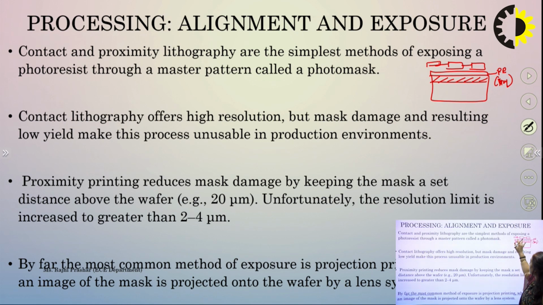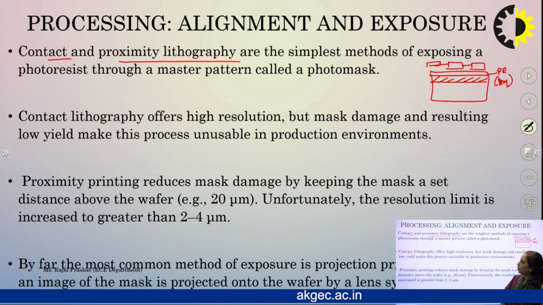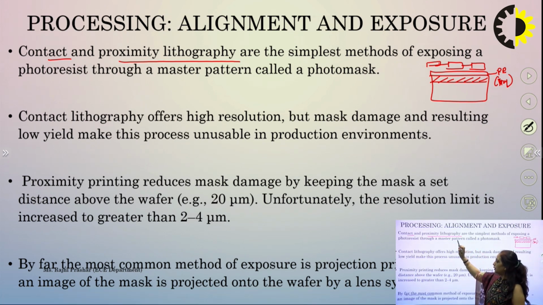The mask alignment should be proper when it is exposed to UV light. This mask alignment can be done in two ways. The first one is contact, and the other one is the proximity way, right? So depending upon that, we can have two lithography processes. The first one is contact lithography, and the other one is proximity lithography.